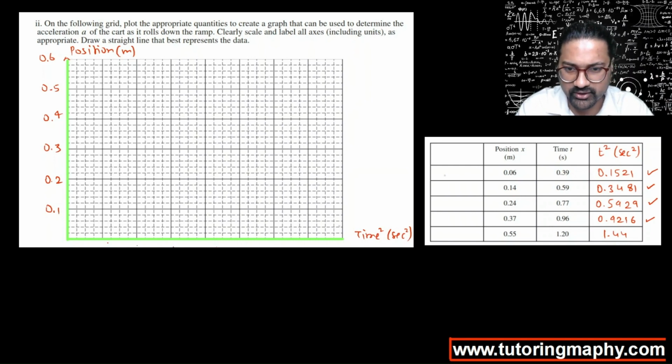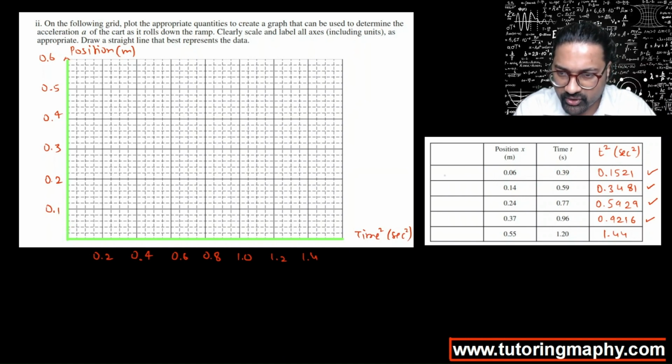I think yes, 0.2 will work. So we mark it as 0.2, 0.4, 0.6, 0.8, 1.0, 1.2, and 1.4. Excellent. Let's mark the points. So the first point which we have is I believe 0.06. So 0.06 is just near the 0.05 mark.